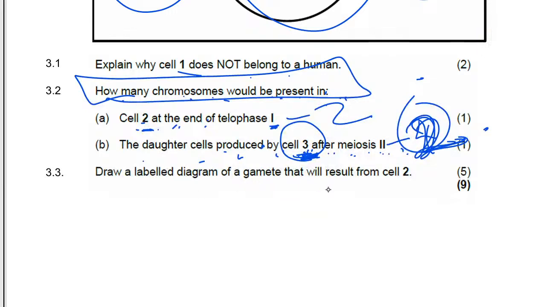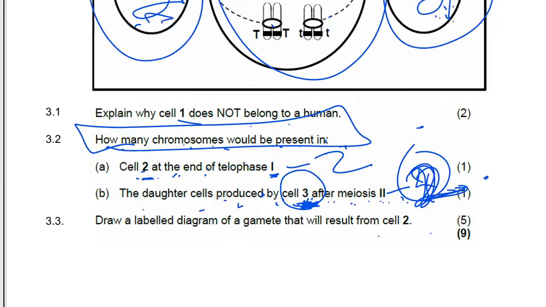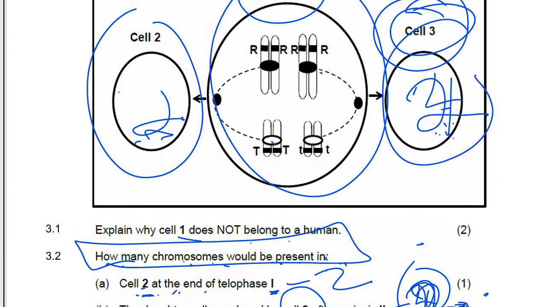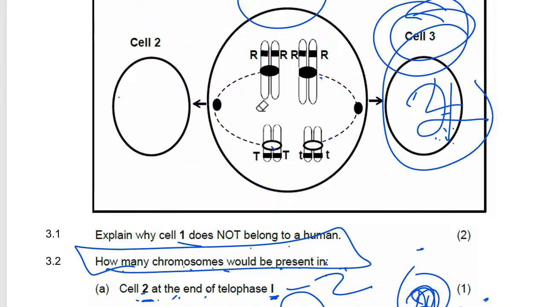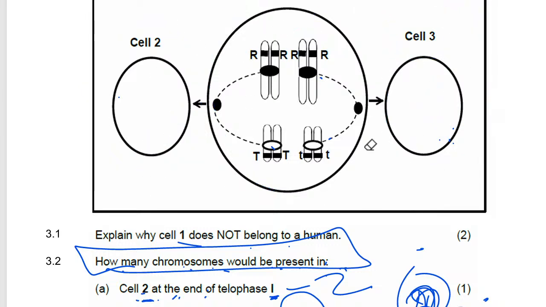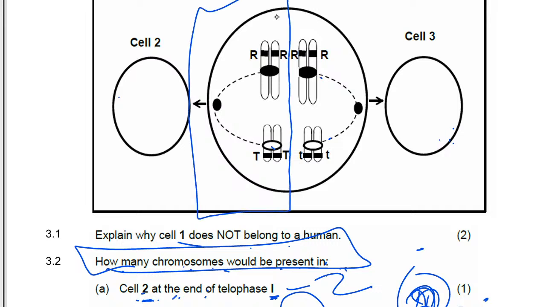Draw a diagram of a gamete that will result from meiosis in cell 2. Here also the variations are important. They just gave you the gene so that they see that you do it right.